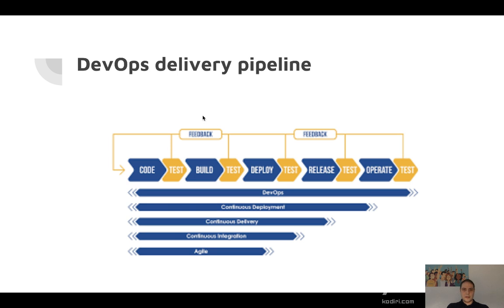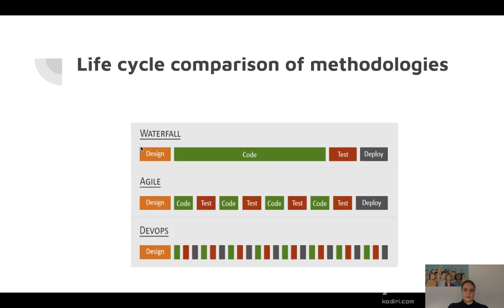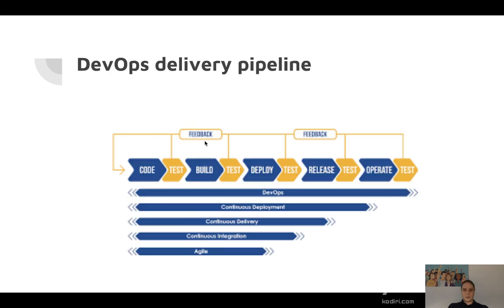So let's look at the DevOps pipeline. Sorry, it's a little bit blurry, but what happens here is coding, testing, and build, deployment, release, operation. But there's always a feedback loop.